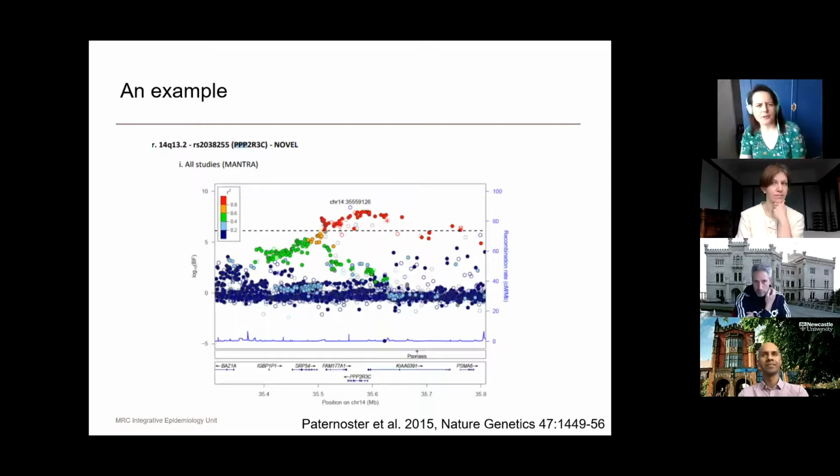So I just wanted to finish on an example. Here is a locus that we identified in our GWAS, and as with many of them, there are lots of SNPs associated with the disease overlying a number of genes.